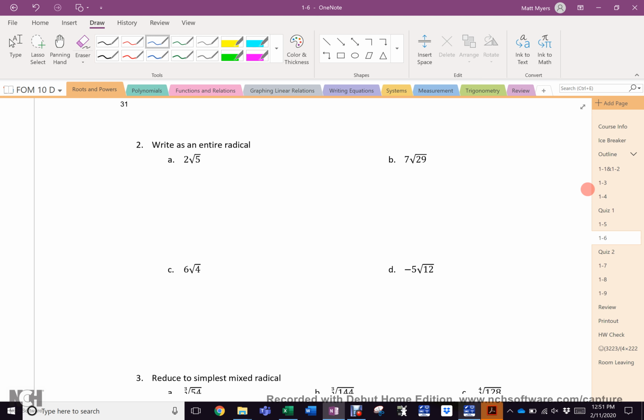And the reason for that is in future, we're going to be using these radicals in equations and things. So sometimes we want to go back the other way so we can work with them more efficiently when it becomes more complicated. Everybody cool?